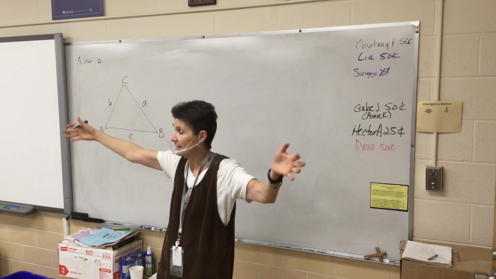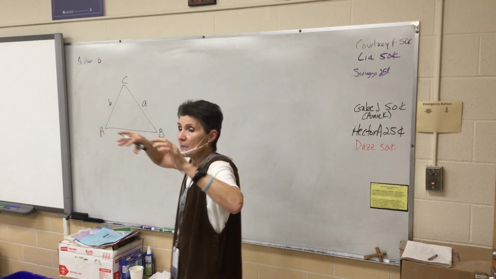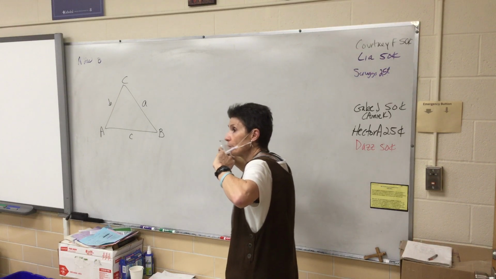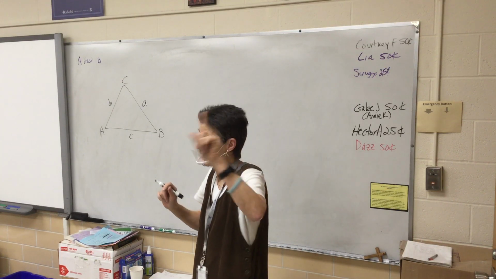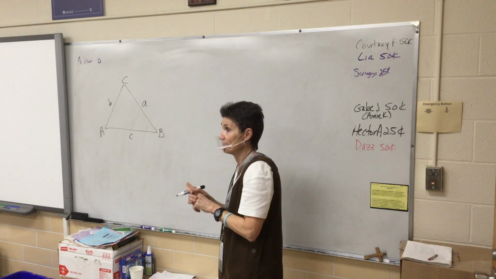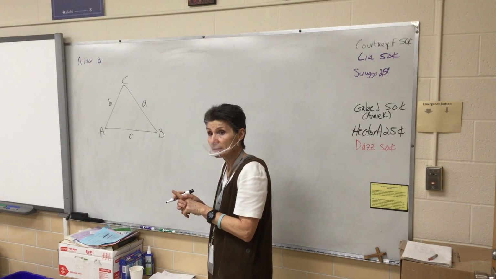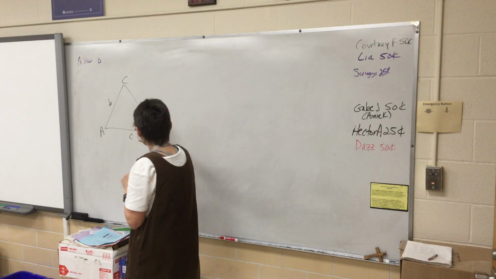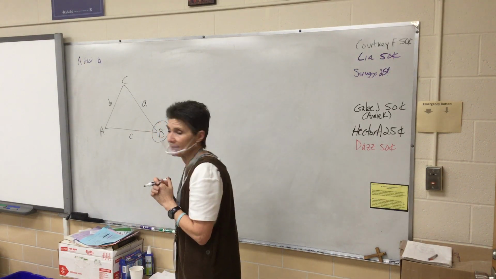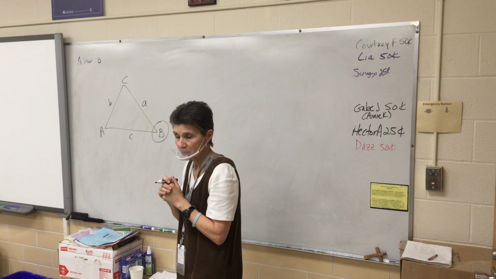It's a big, long thing. When you do a law of cosines problem, you will only have one angle. There will only be one angle involved in the law, all right? So I'm just arbitrarily going to say angle B is the angle that I've got in this particular problem.